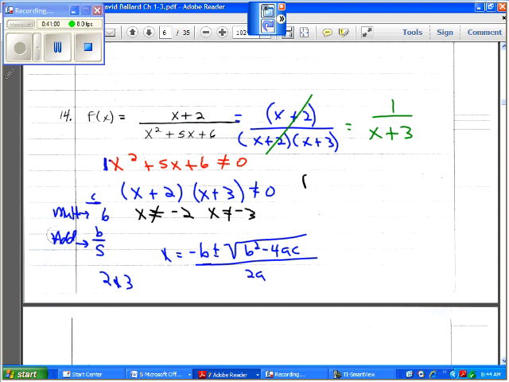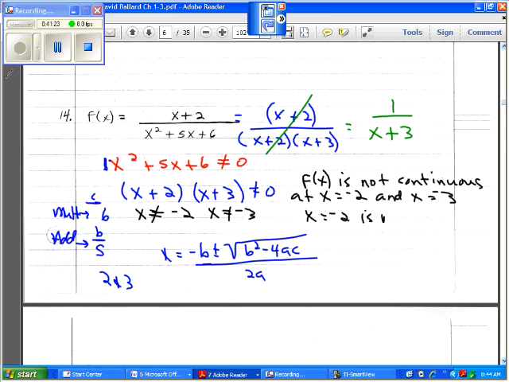So we would say that f of x is not continuous at x equal negative 2 and x equal negative 3. And then we would know that the x equal negative 2 is removable.